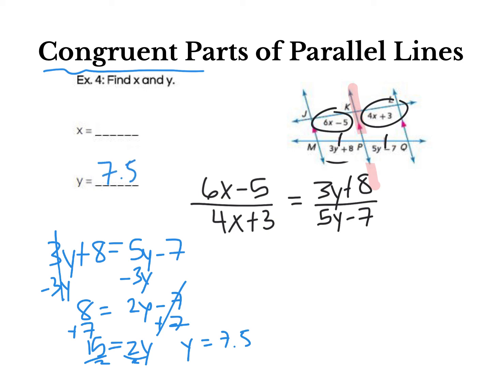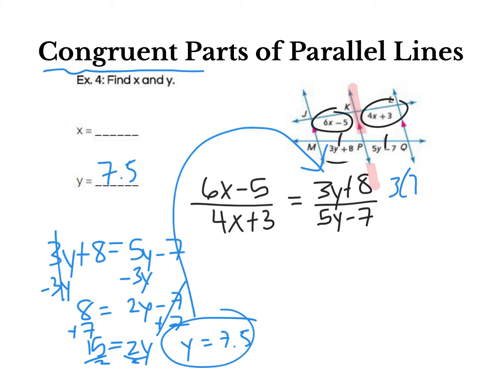Now I can use that 7.5 and plug it in here. If you plug it in there, you're going to have 3 times 7.5 plus 8 on top, and the bottom is 5 times 7.5 minus 7.